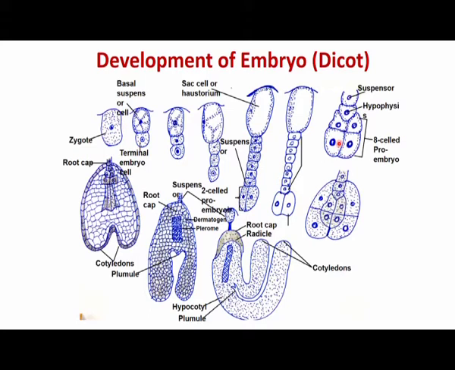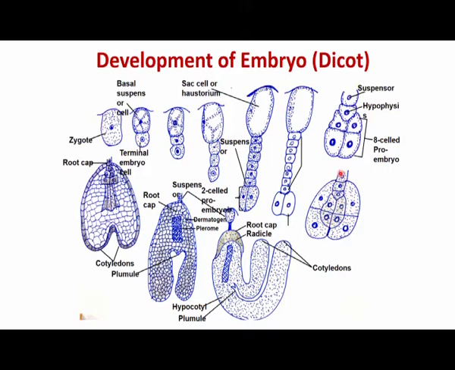Each of the 8 cells of the octant stage then divides by periclinal division to form an outer protodermal cell and an inner cell. Consequently, the 8 cell octant now becomes 16 cells. This means the 8 external protodermal cells and the 8 internal cells.